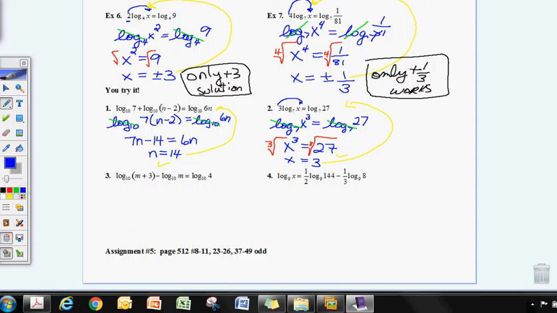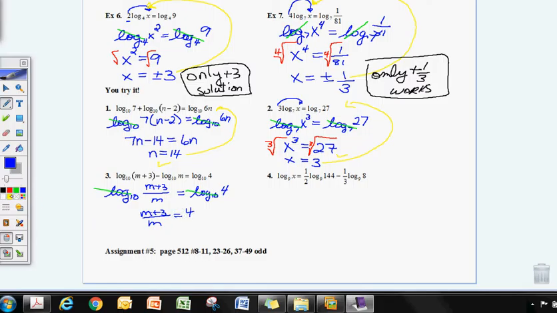Okay, 2 more. So this one has a minus sign hooked onto it. So this left side needs to be rewritten as log base 10 of m plus 3 all over m. And that's going to equal log base 10 of 4. Okay, single log on the left, single log on the right. They're gone. m plus 3 over m equals 4.